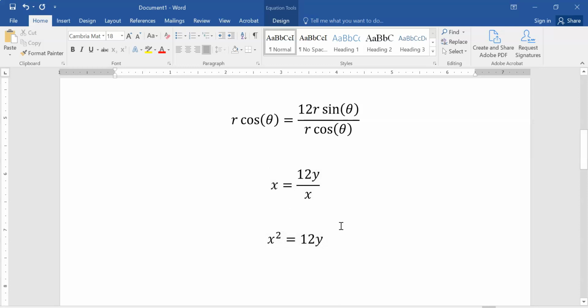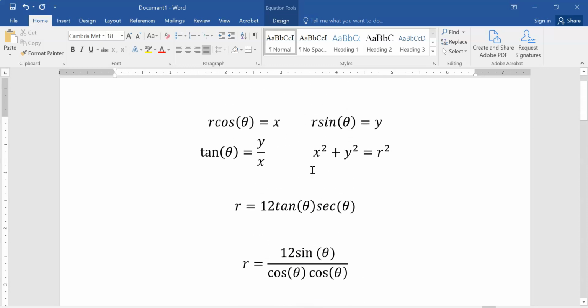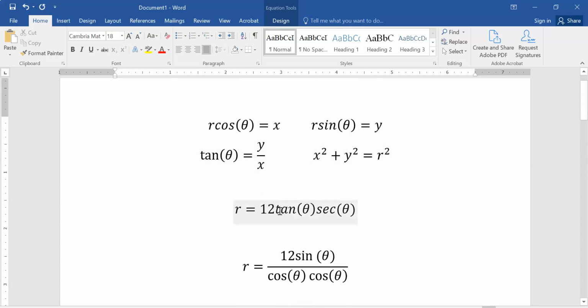So that's one strategy you can do. You can break everything down all the way into sines and cosines, and then manipulate until you can get the r's in the right place. Now, another thing you could have noticed is that tangent of theta is actually y over x. And secant of theta, well, I can't do a whole lot with that other than say that's just like 1 over cosine.